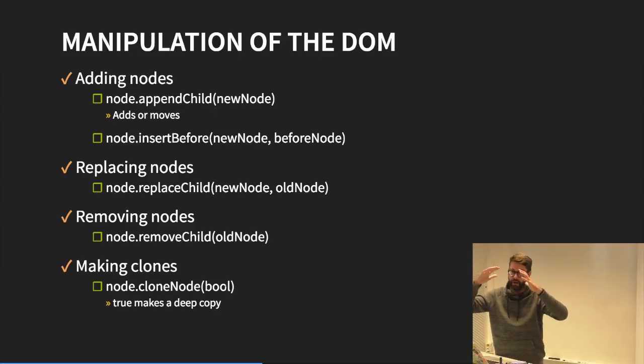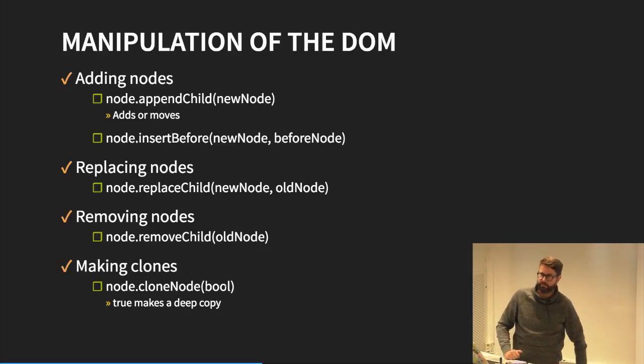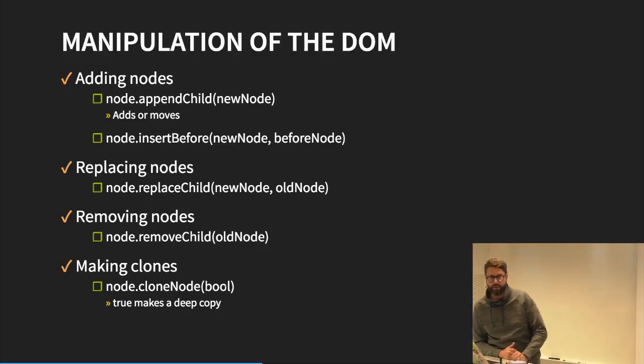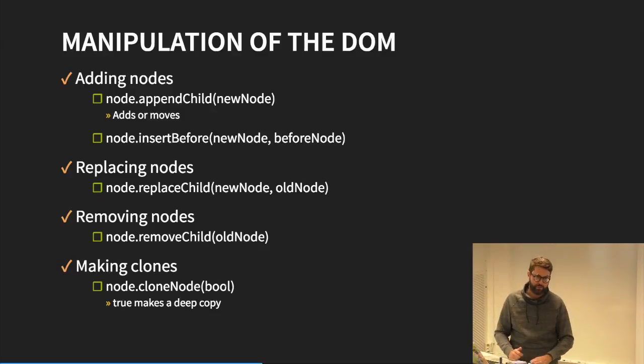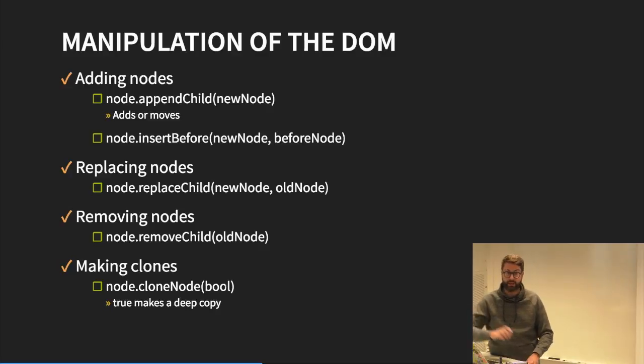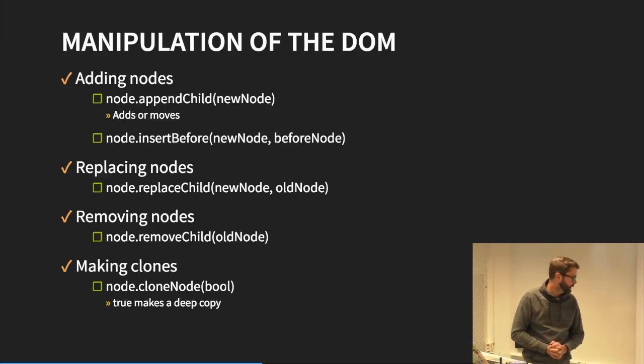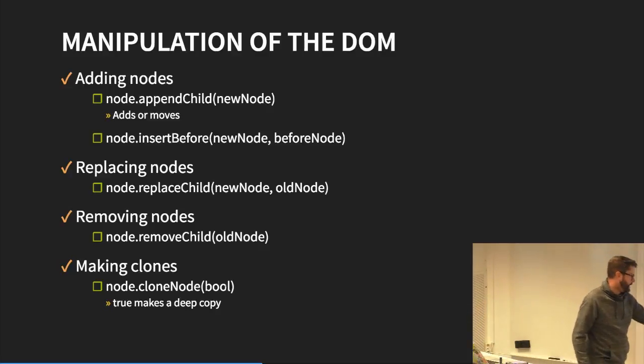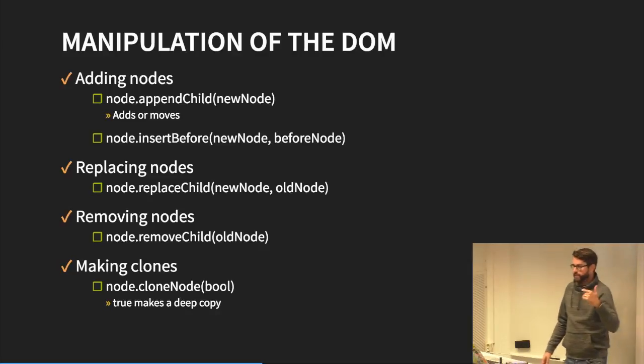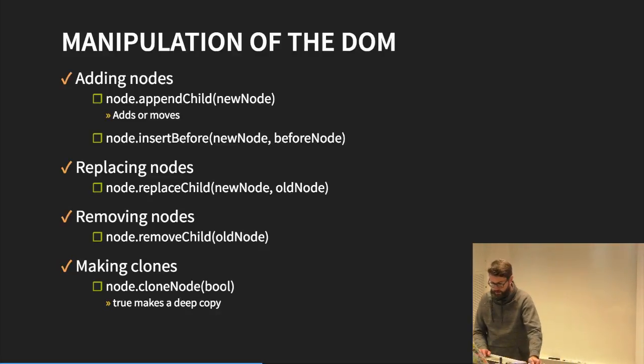So I will get a copy of a part of the DOM tree. And then I could insert this copy somewhere else. Body being a bad example because you should only have one body element. But if you have a div element, for instance, you can duplicate it and insert it somewhere else. Remember just that you can make a shallow or deep copy of that node tree.